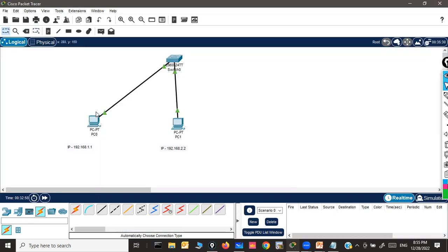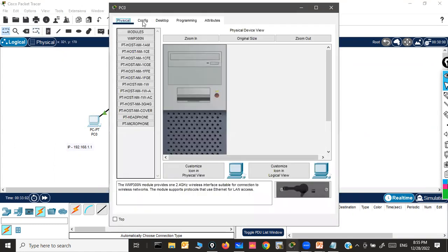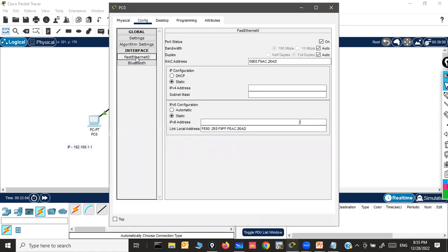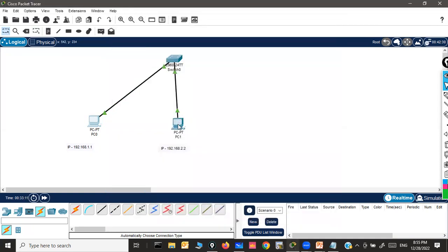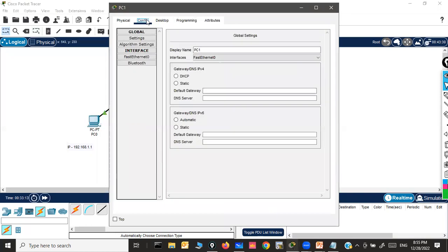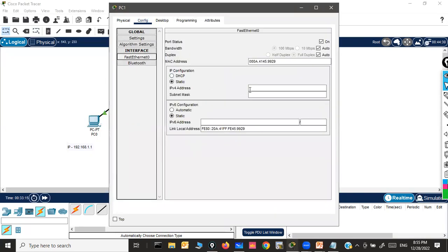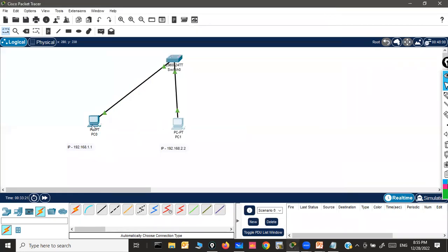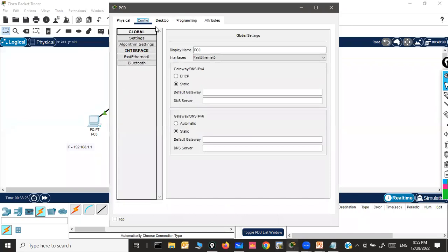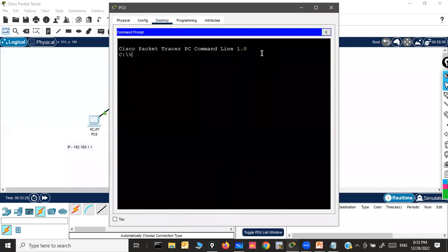Let me show you this critically. If I assign IP address 192.168.1.1 here and 192.168.2.2 on this machine, they will not communicate. If I try to communicate from computer 1 to computer 2, this is the command prompt of computer 1.